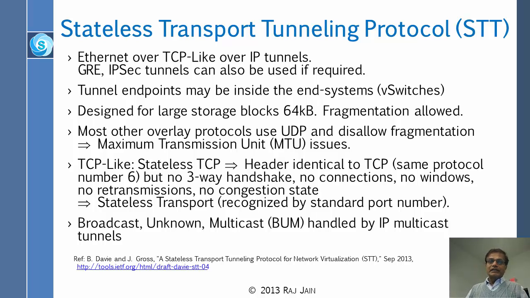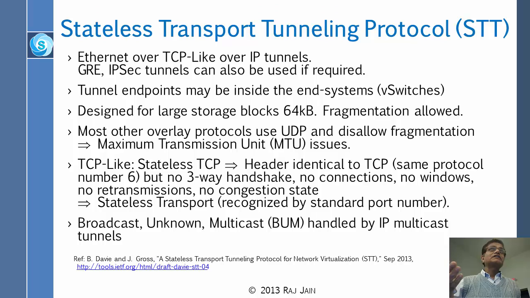The tunnel endpoints are generally inside the end systems, which means vSwitches. The main differentiator for this protocol from other protocols that we have talked about, like Trill, VXLAN, NVGRE, and so on, is that this is designed for large 64 kilobyte blocks. Why 64 kilobyte blocks? Because that is how much you transfer when you do MapReduce or any database access nowadays.